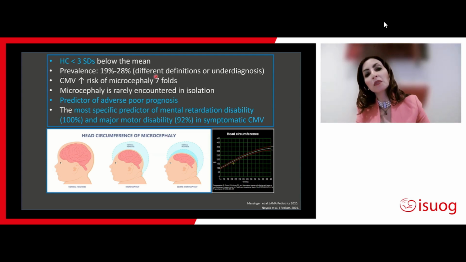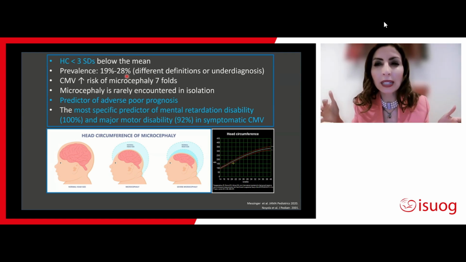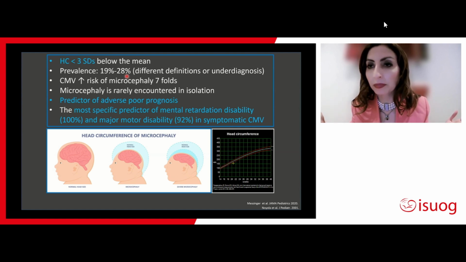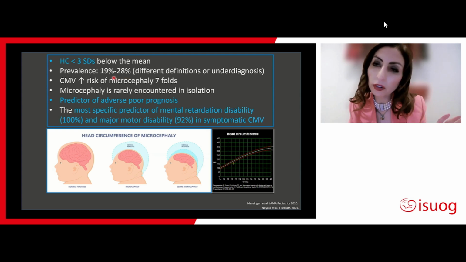Well, there's huge variation, from about 19 to 28%, because if you look at the literature, the diagnosis of microcephaly varies, and sometimes the cutoff used is 2 standard deviations. But if you have a congenital CMV infection, it increases the chance of microcephaly by about 7-fold.